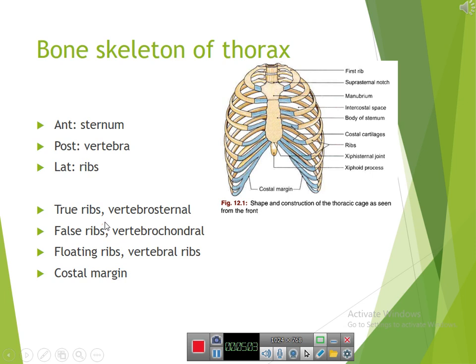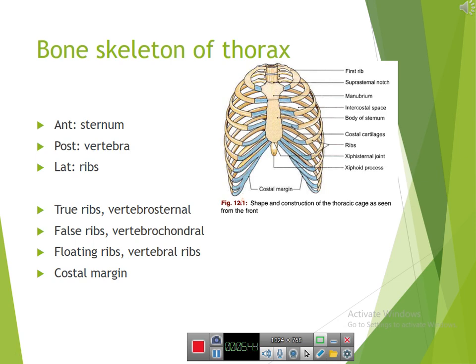So we have true ribs, false ribs, floating ribs. True ribs, it means vertebrosternal ribs that articulate anteriorly to the sternum and posteriorly to the vertebra. The costal cartilage of the next 3 ribs, 8, 9, 10 ends by joining the next higher costal cartilage.